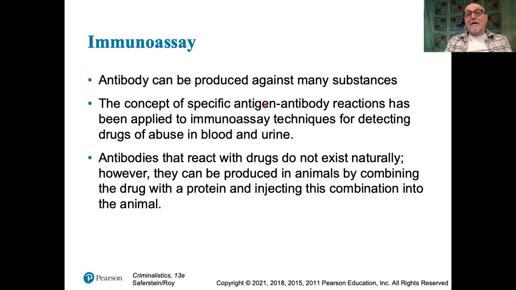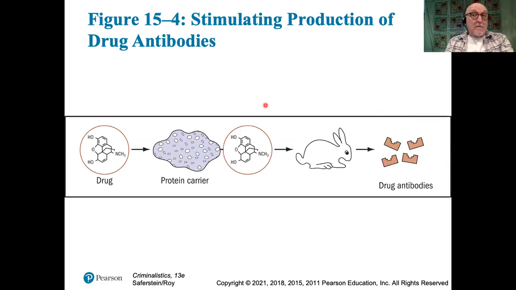So poor rabbits are a foundation in all of this, but we can actually commercially buy antibody, which has been produced for many, many different substances, but this is the basic way in which it's produced. We introduce the drug. There's a twist to the tail. We do usually have to attach the drug to a protein carrier that we inject into the rabbit, but the rabbit will actually produce antibody to the drug.